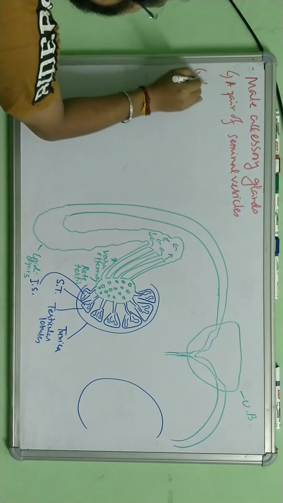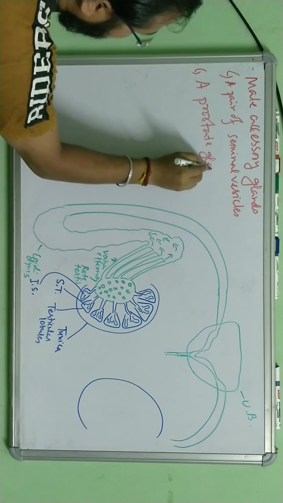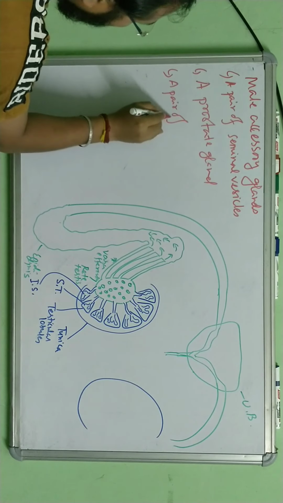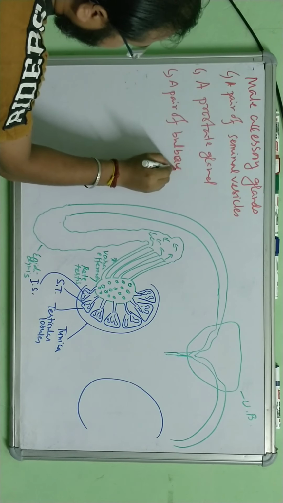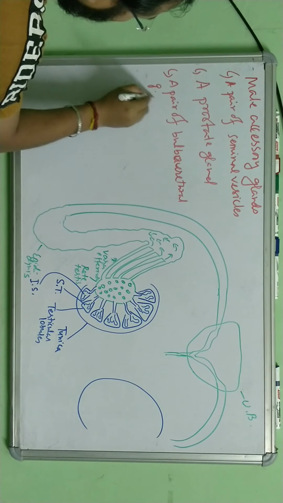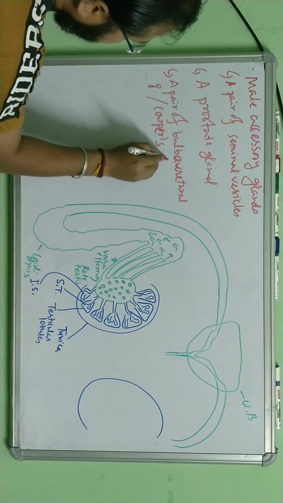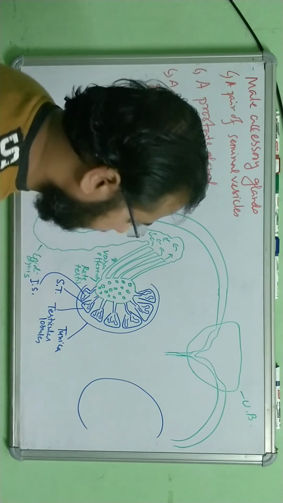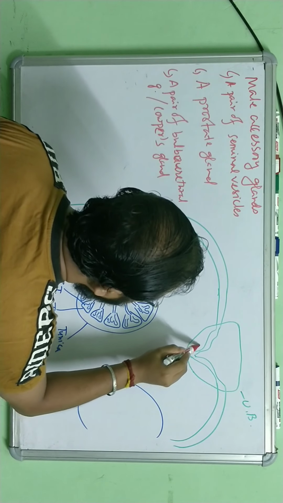Number two, a prostate gland, and number three, again a pair of bulbourethral glands, which are also known as Cowper's glands. So these are three different types of glands present there. Let me show you where these locations are.